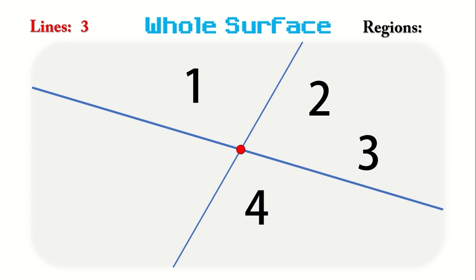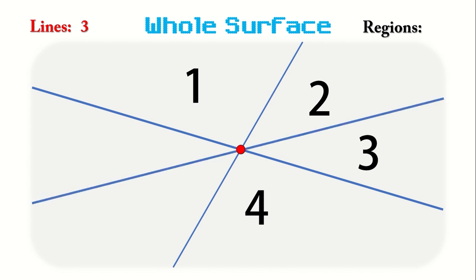And with three lines, we have three different ways to draw the line. We can draw the line parallel to one of the lines, or we can pass it through the intersect point of two lines, or we can pass it through a non-intersect point of the two lines. If I pass the line through the intersect point of two lines, we get 6 regions maximum.